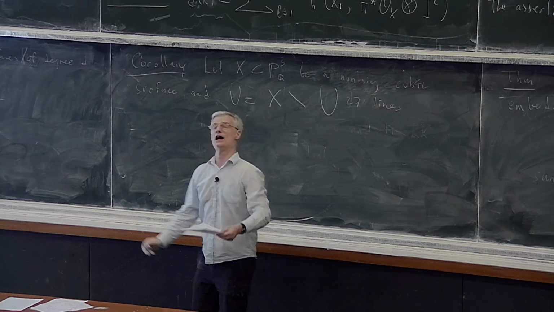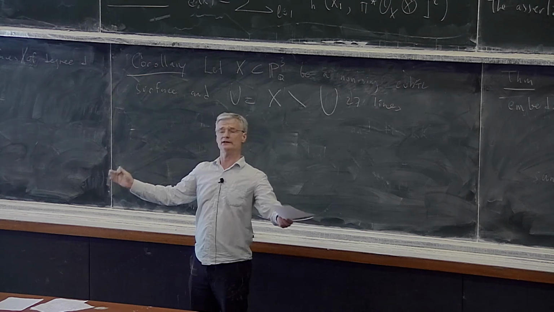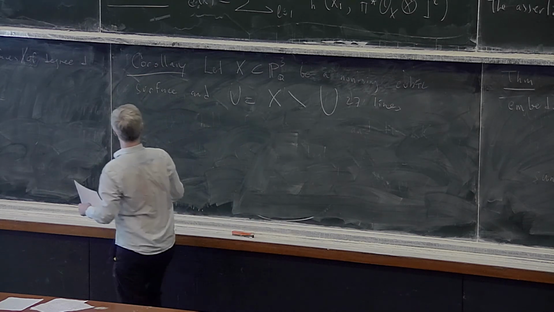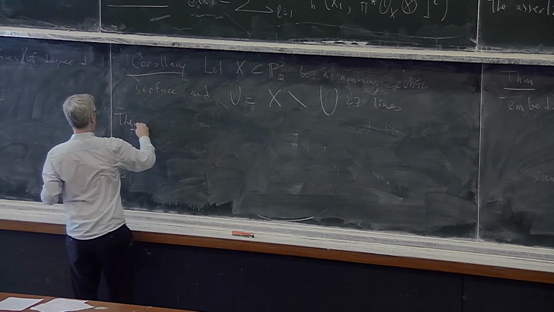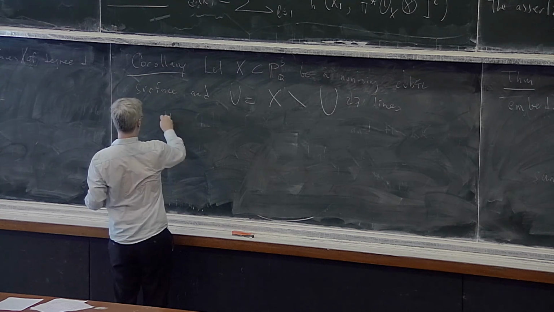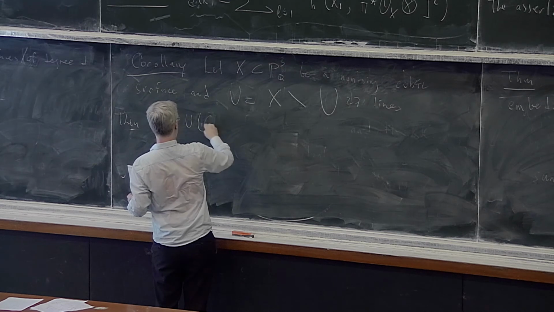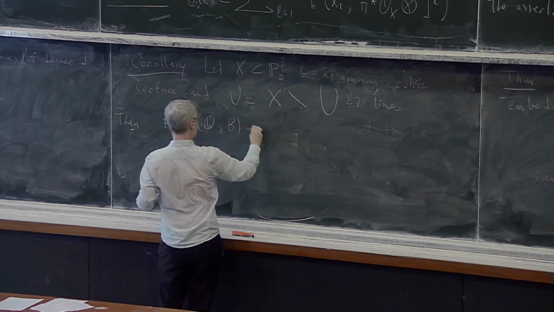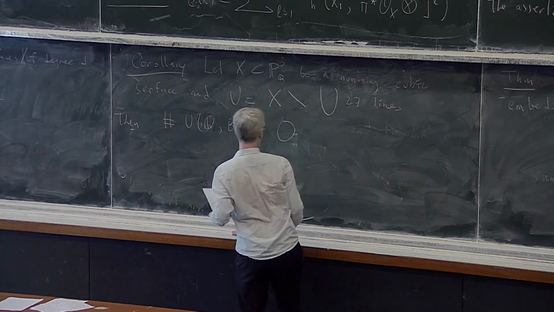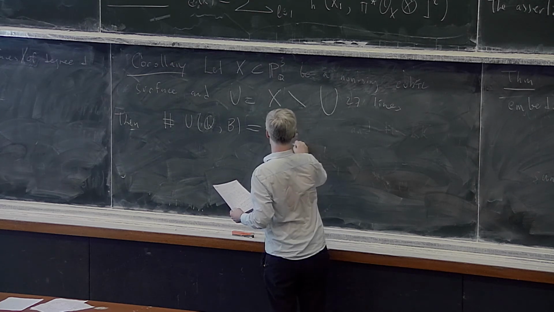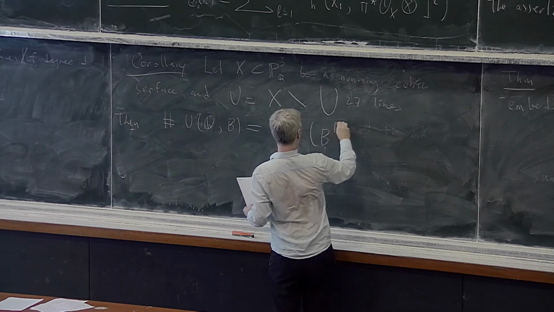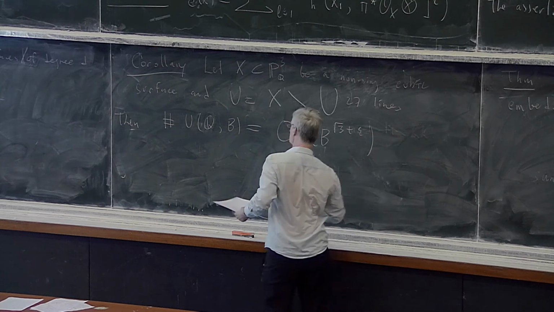And then, of course, I can count the points on this open subset, and I have that the number of points of height at most B is O of B to the root of 3 plus epsilon, and this is a uniform result. It depends only on epsilon. I proved that some years ago.